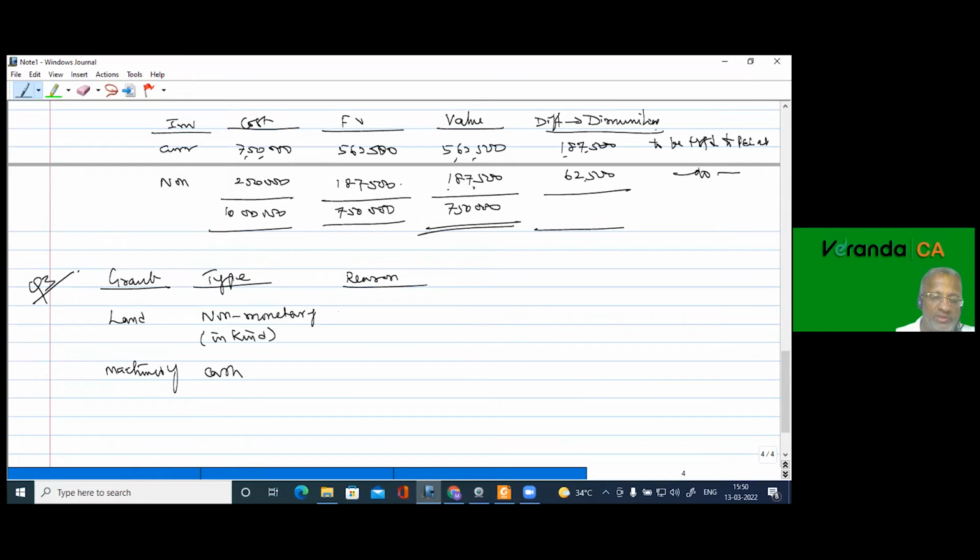How much was paid for land is not known. It could be a concessional price or given as free.